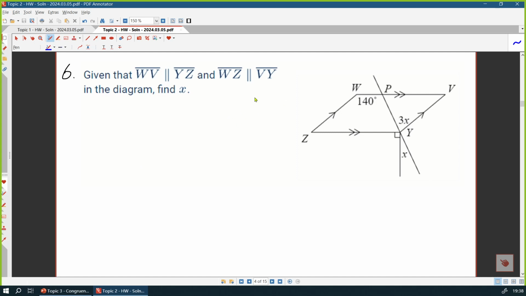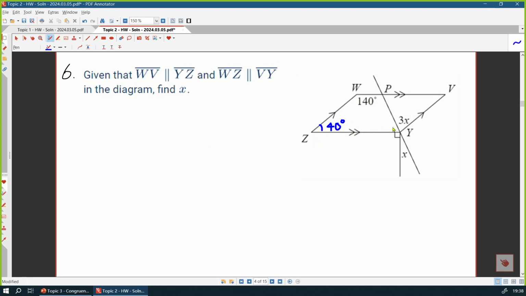Okay, so given line WV is parallel to line YZ and WZ is parallel to VY, which is shown here in the diagram, find X here. Okay, so we know if these two lines are parallel with each other, then we can label this angle as 40 degrees, right? Because they are the same side interior angles, which add up to 180 degrees.